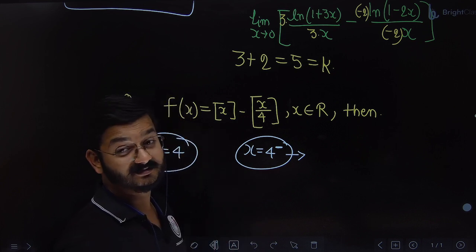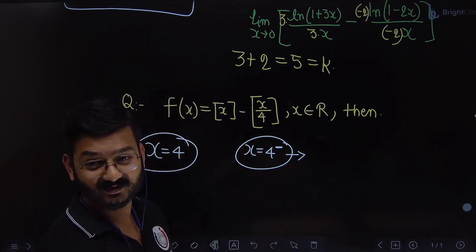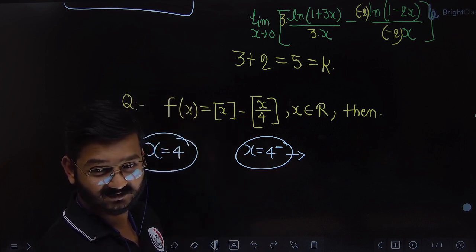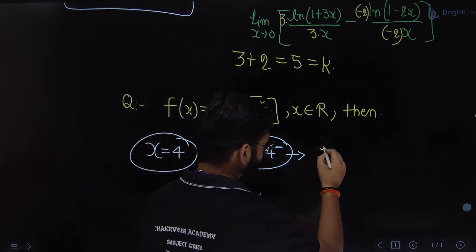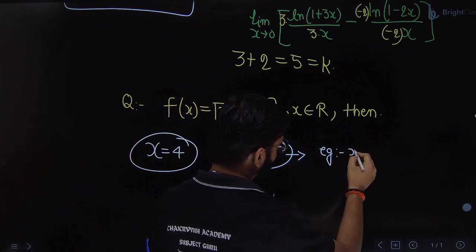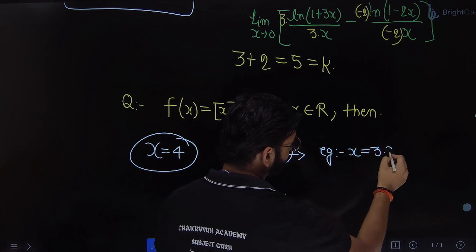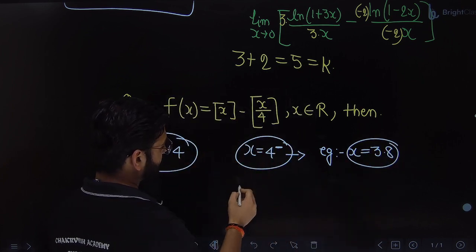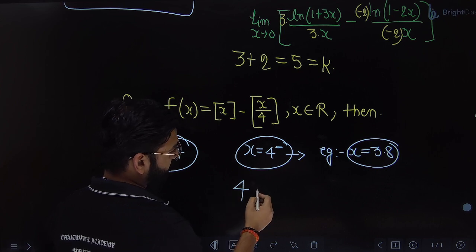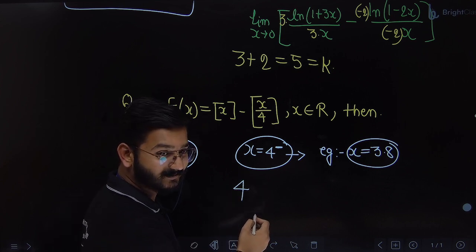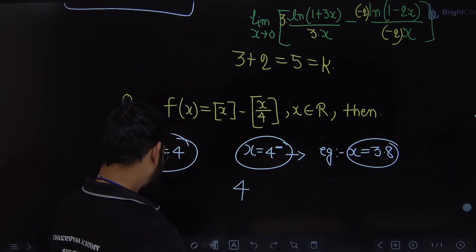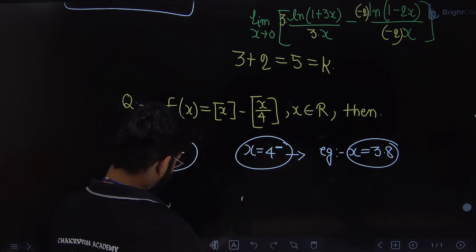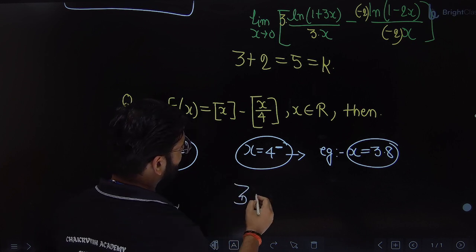Don't tell an integer, any decimal value. For example, take x as 3.8. So what will be the greatest integer of 3.8? 3. Greatest integer will be 3.